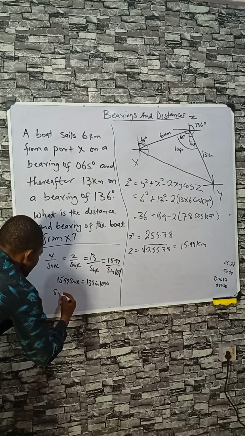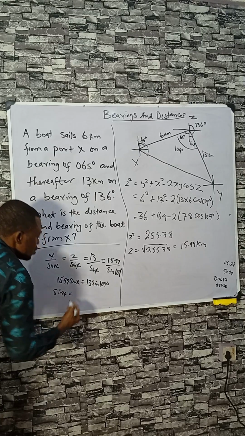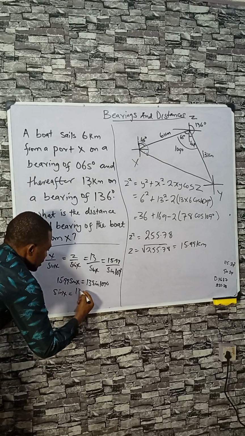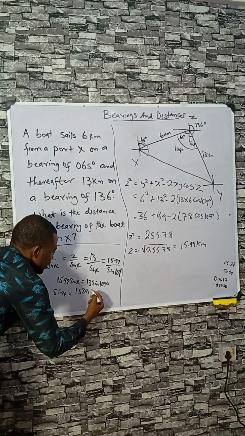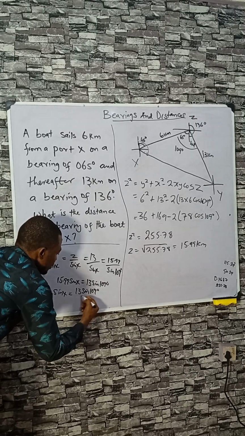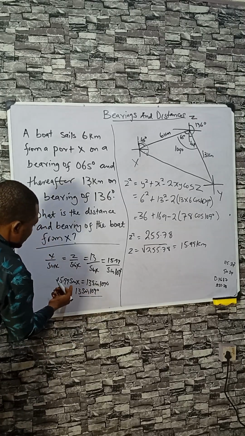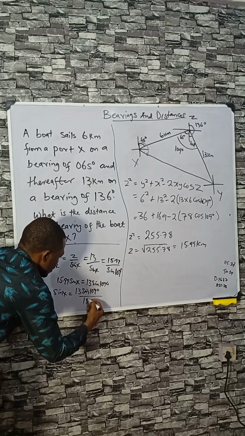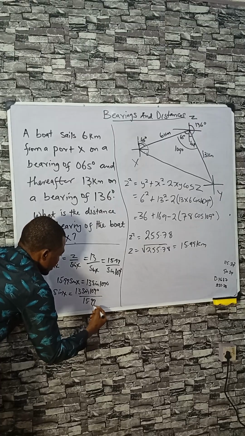So sine x, made the subject here, becomes 13 sine 109 degrees divided by 15.99.